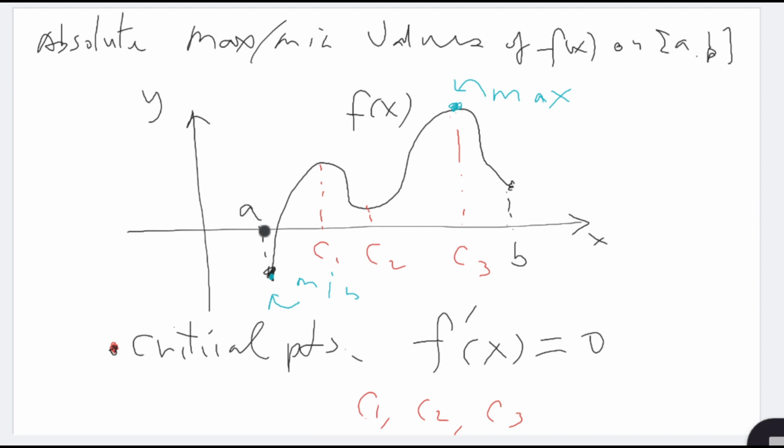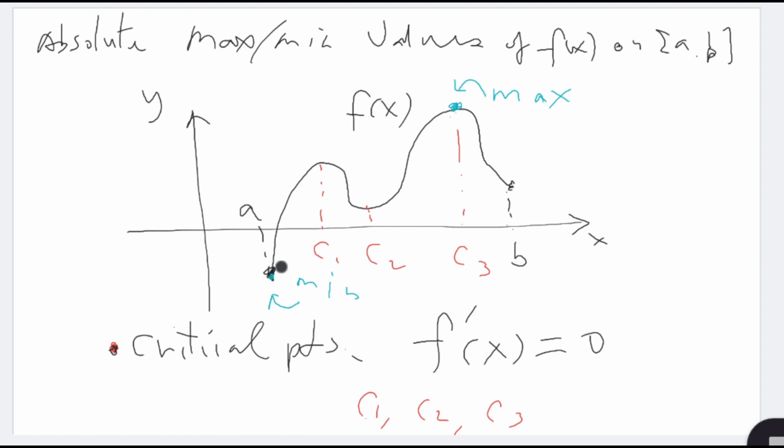So we can see in this graph, it will be here. The difference, well, we can see is the maximum is attained at a point between a and b. We call it an interior point. While the minimum is attained at one of the two endpoints. All right, remember that.